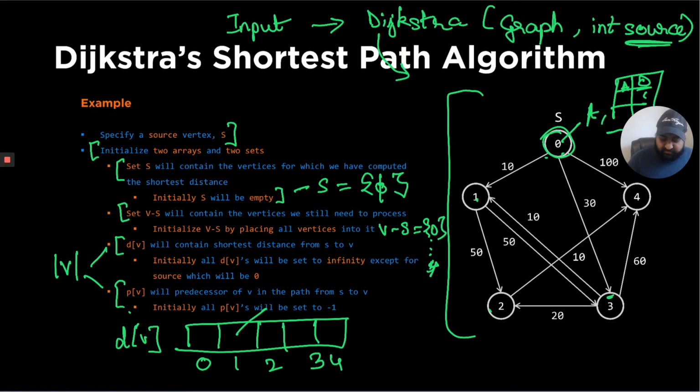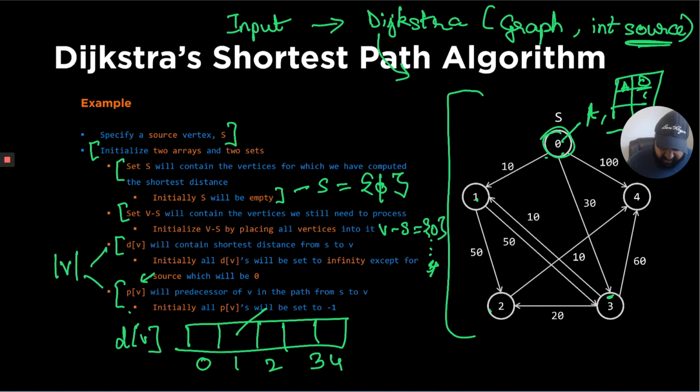Let's say for this graph, the source is 0. So position 0 will return the shortest path between 0 and 0. Position 1 will return the shortest path from 0 to 1. Position 2 will return the shortest path between 0 and 2. And position 3, the shortest path between 0 and 3, and so on. So every cell will store the shortest path between the source and that particular vertex.